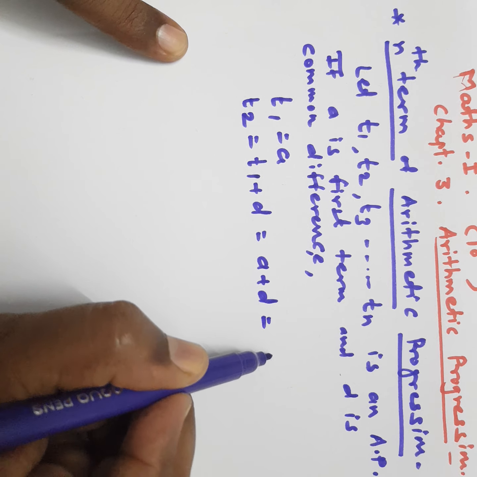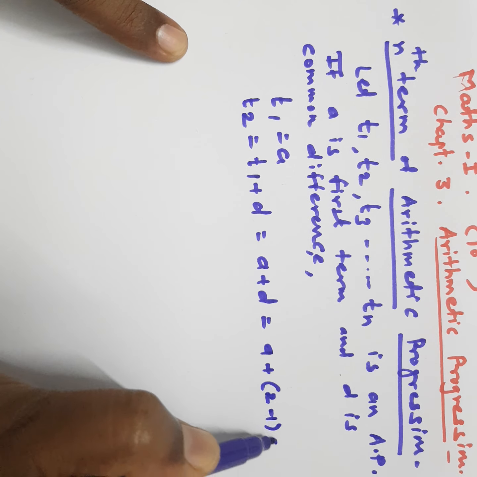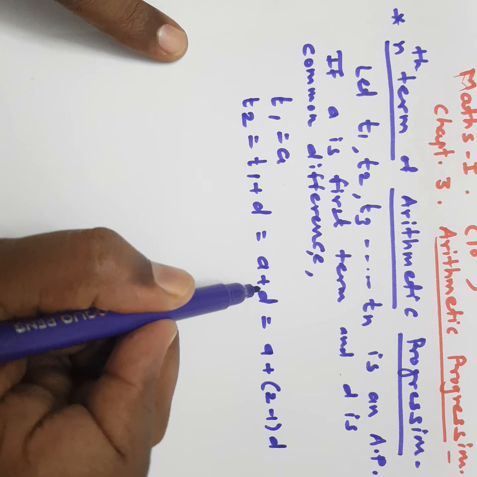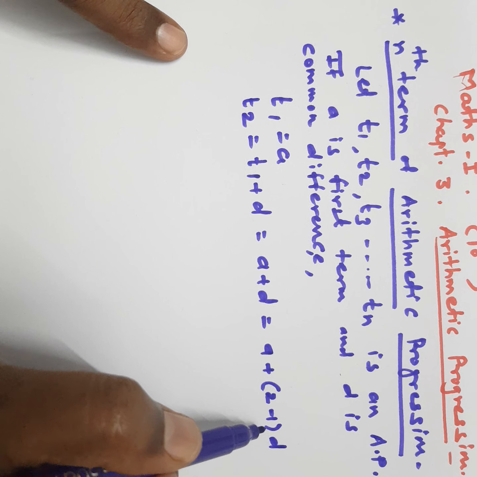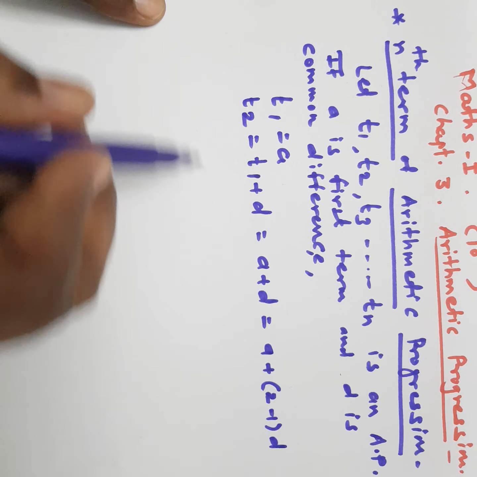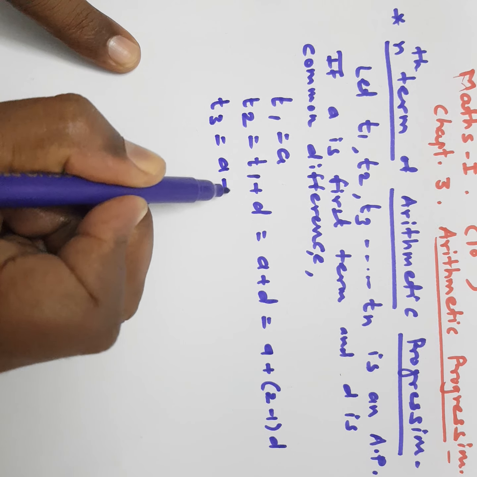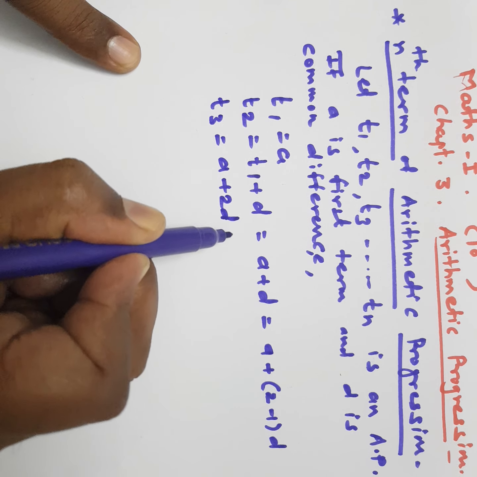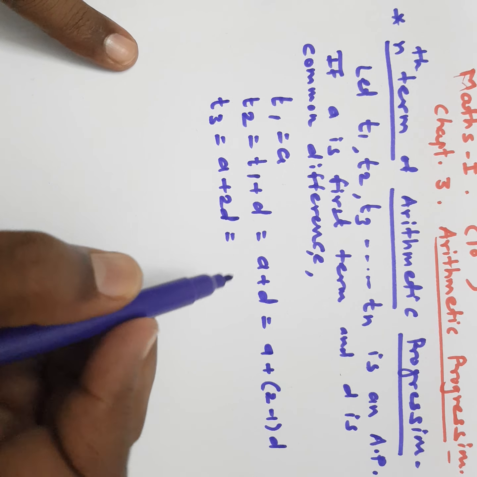We can write it as a plus (2 minus 1) into d. Here the coefficient of d is 1, and we can write 1 as 2 minus 1. Then T3 is equal to a plus 2d. The difference will increase by d again.